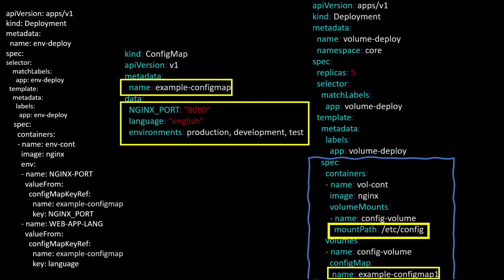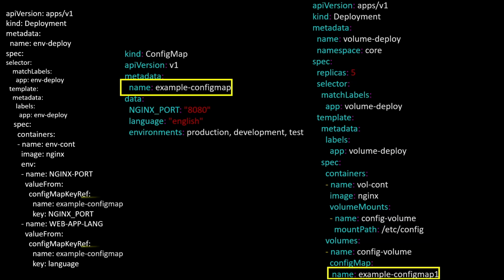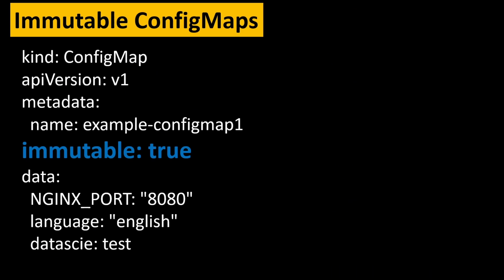Both YAML files are now in front of you so that you can visualize it. Notice that I have defined the config map name in the deployment manifest file. We have to make a link in the deployment YAML file so that we can instruct the Kubernetes object to fetch the content from the config map.